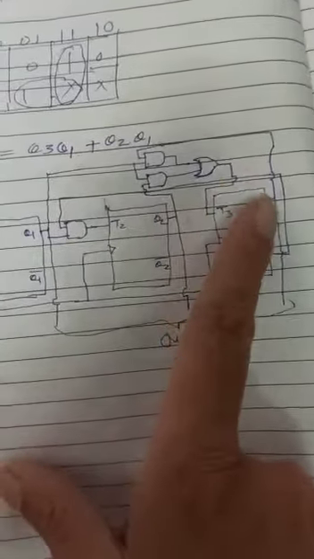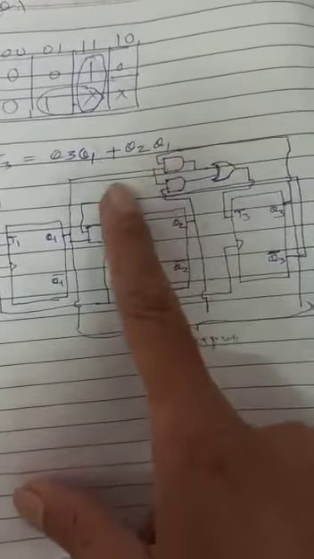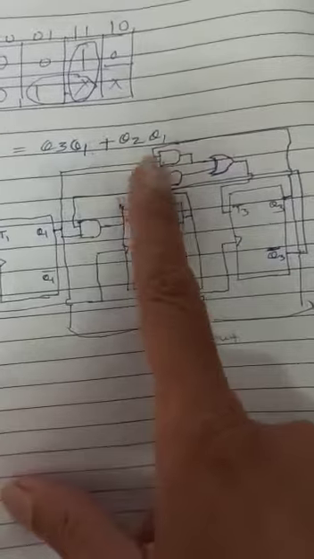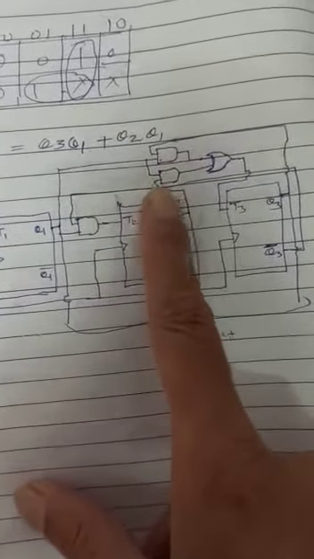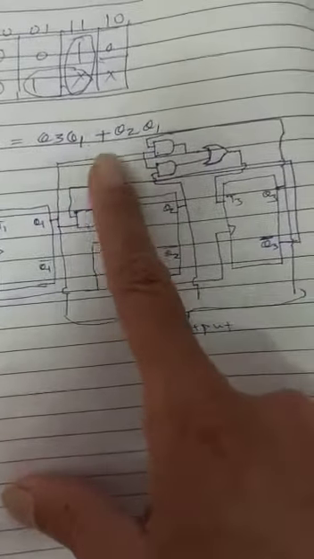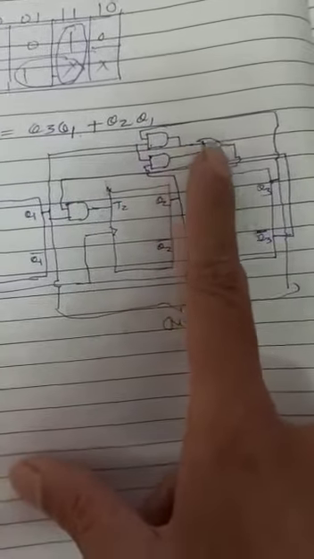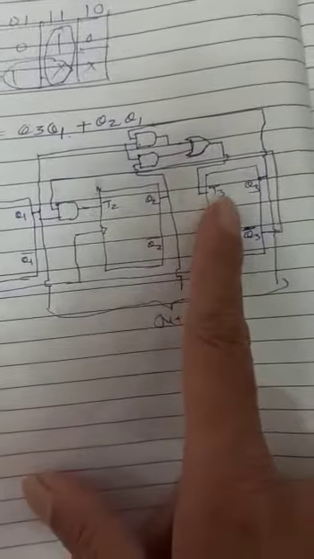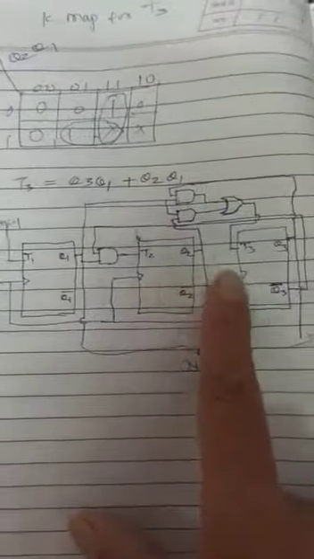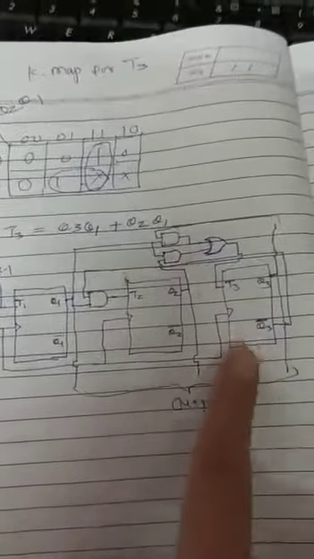This is Q3 and this is Q1, ANDed, and this Q2 and Q1 are ANDed, and these two are ORed and then given to T3. So this is the synchronous counter logic diagram for the mod 6 counter.